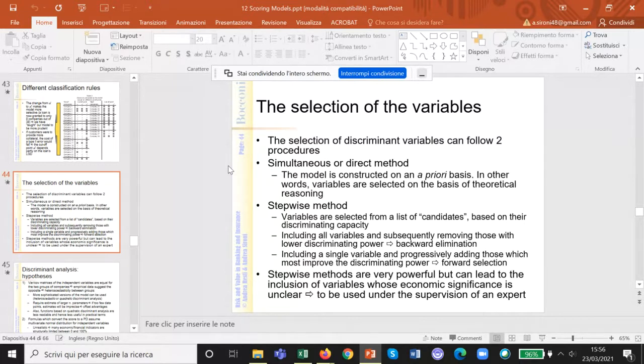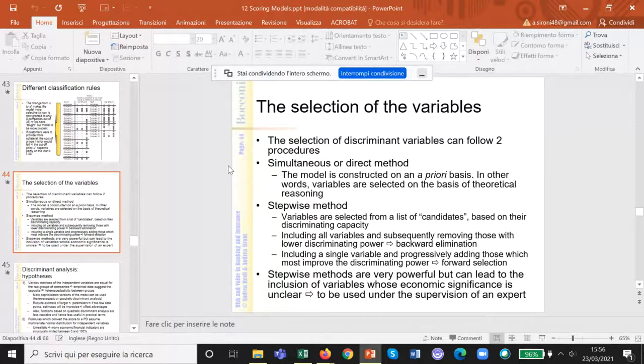Another criterion is more, if you want, inductive, i.e., I take, let's say, 30 variables, I include them in the model step by step by including all variables and then removing the ones that have a lower discriminating power, okay?